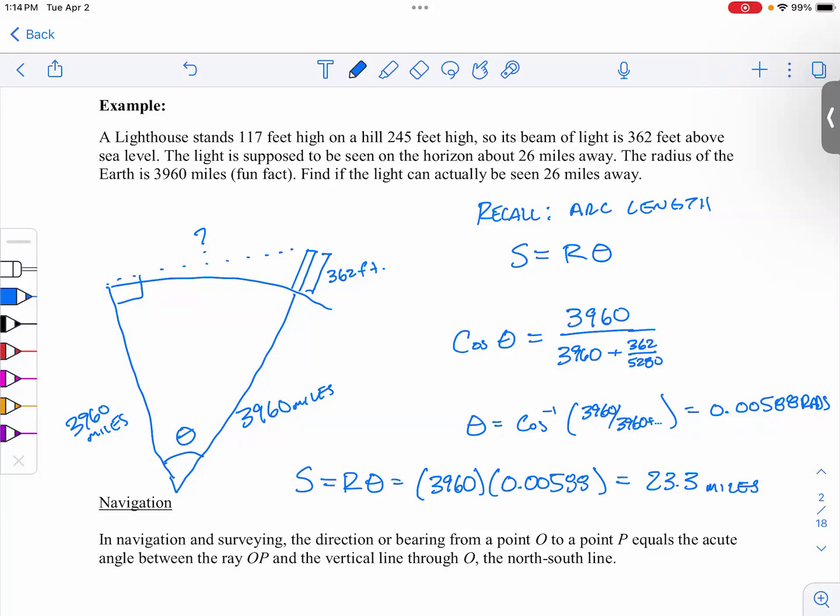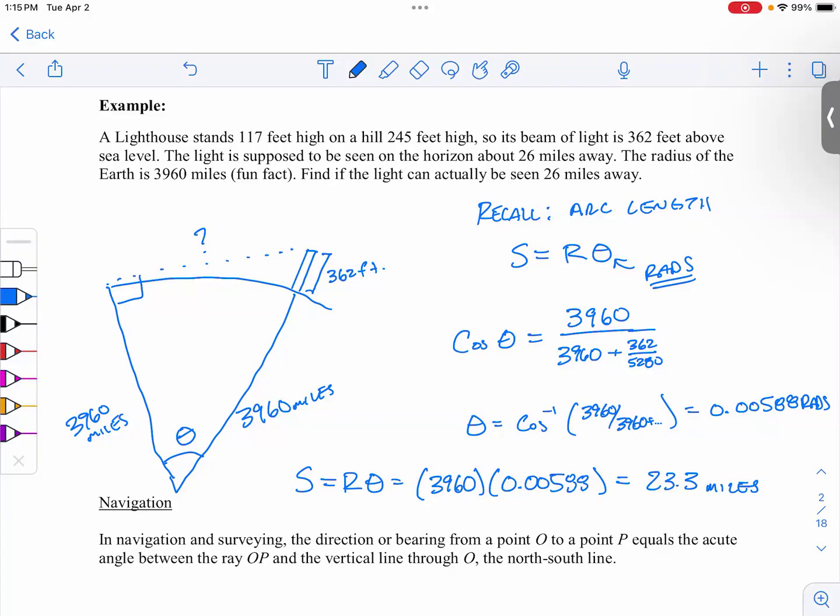And remember that S is arc length, and it will be in the same units measured that R had. The biggest thing here, the trick I always see, is this must be radians. Especially since we're going to be in degrees so often, but when we start using these formulas in chapter 5, we did quite a few applications in the beginning of chapter 5.